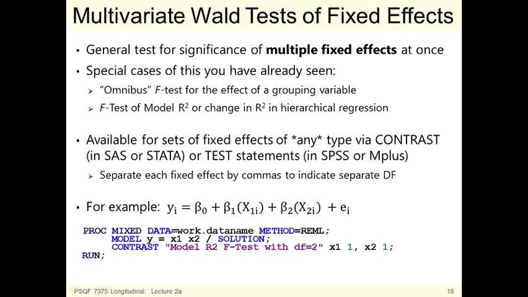DATA= tells it the name of the data set. METHOD is going to refer to whether it's using REML estimation or regular flavor maximum likelihood. REML is the default, but I have it here just to make the point that this is the same thing as a regression model. This is least squares. MODEL, then, is outcome equals fixed effects of predictors.